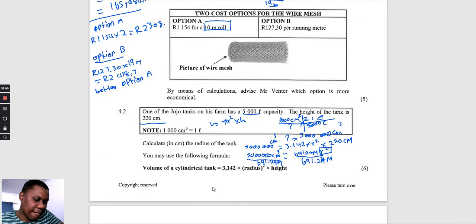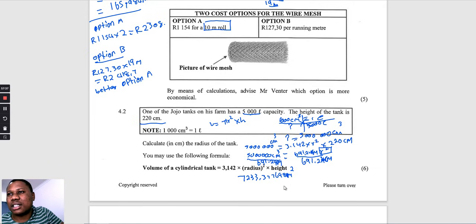5 million divided by 691,24 gives me 7,233,377,698 centimeters squared. Remember, here they were centimeters. What is changing?